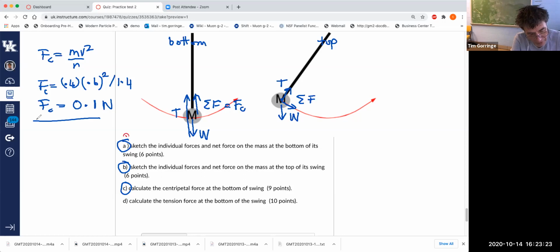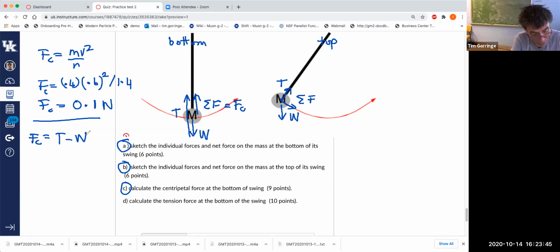Now we've got to get the tension force. Well, let's consult our picture. The centripetal force, we said, was the net force, which is the sum of the individual forces. There was tension in the same direction as the centripetal force, and then there was weight in the opposite direction.